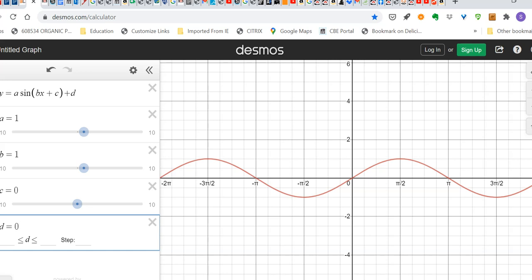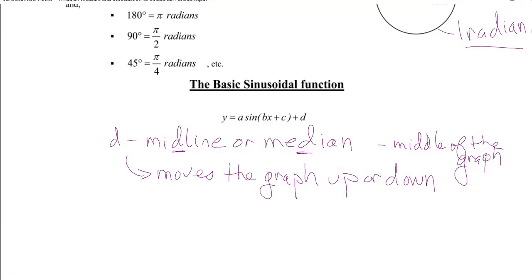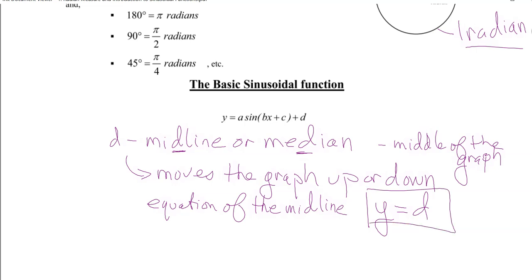So the equation of the midline, lines have equations. So the equation is y is equal to d. If I move everything up 5, if we make d 5, everything's going up 5.